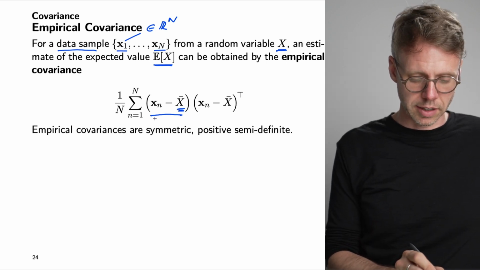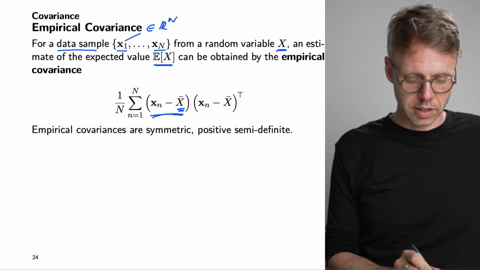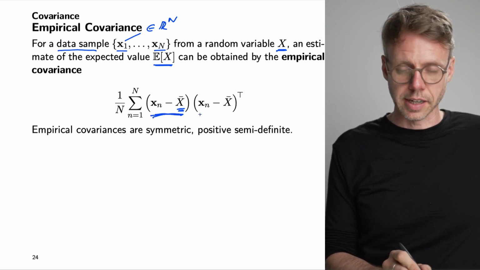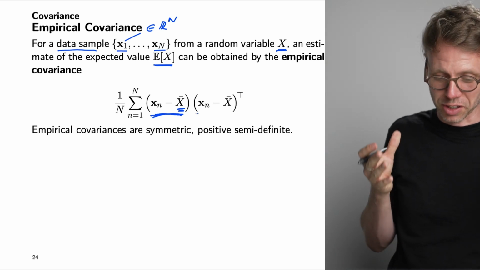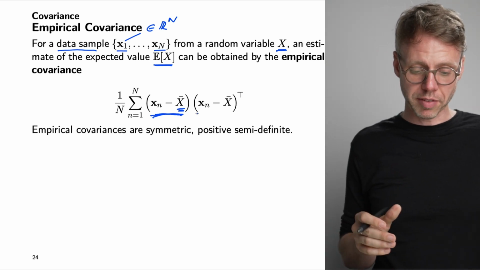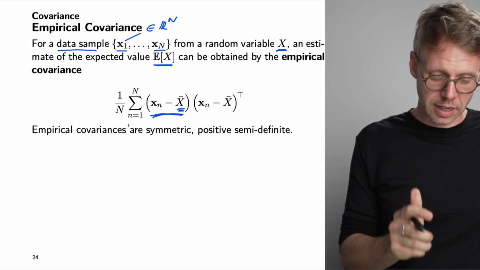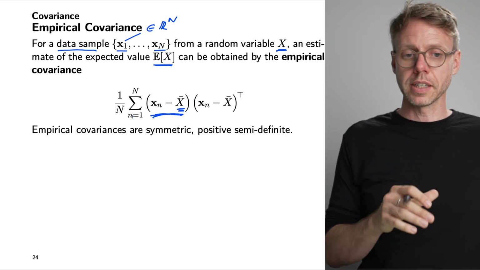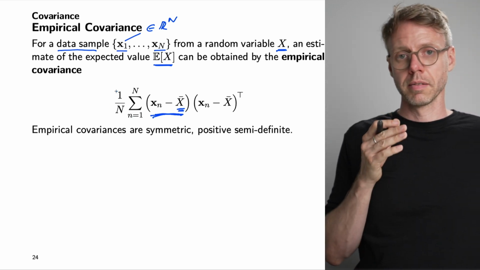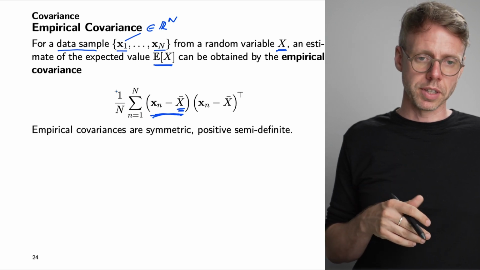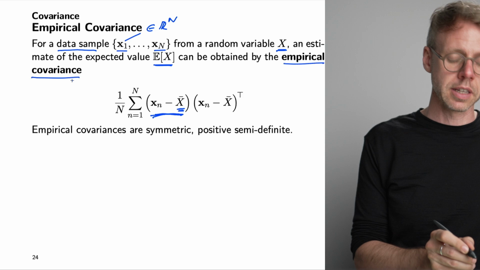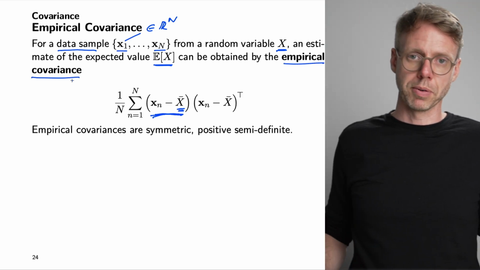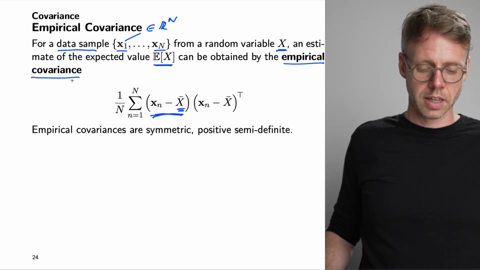So we're taking here essentially a difference vector, taking the outer product with itself. So that's a rank 1 matrix that is symmetric, positive semi-definite, and we are adding up all n of these and dividing by the number of data points. And that's the so-called empirical covariance, similarly to the empirical variance that we get.